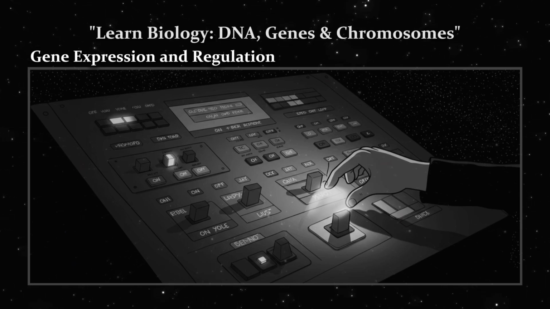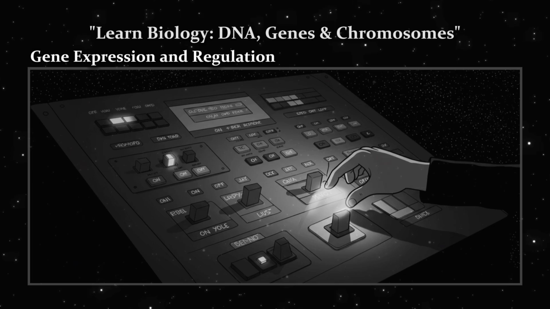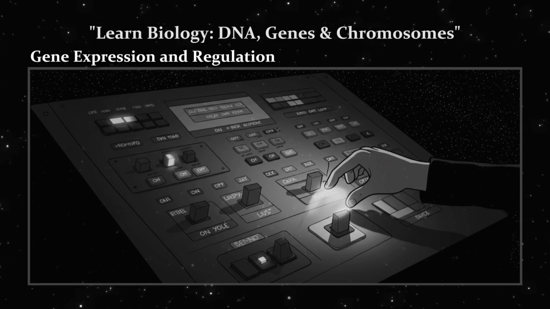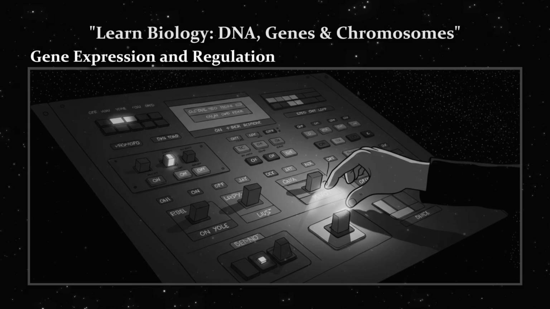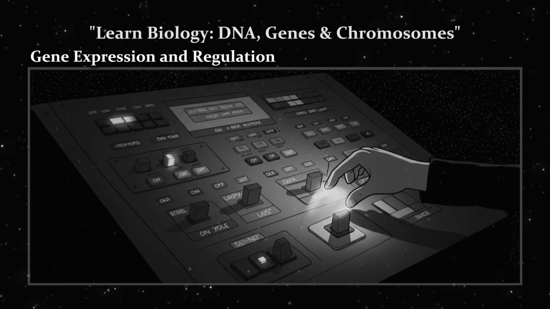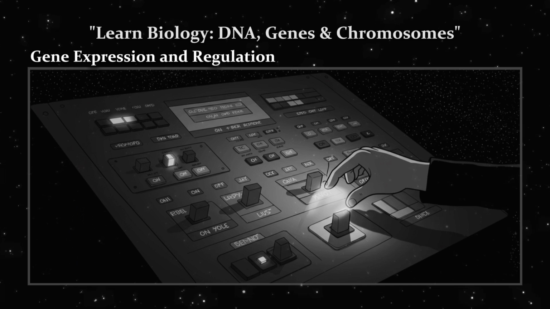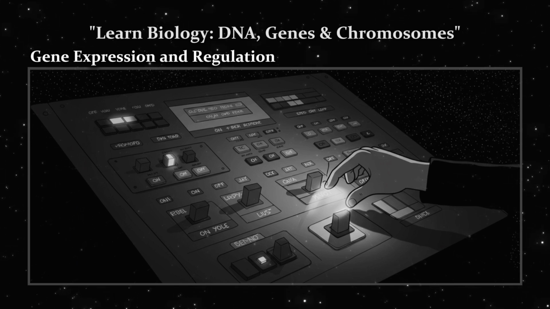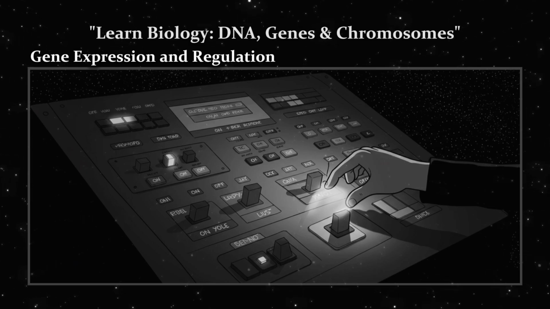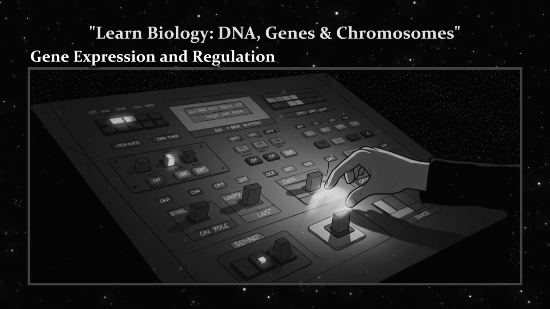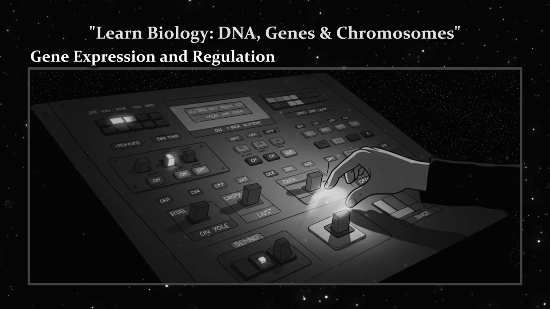A skin cell, therefore, is a skin cell not because it lacks the genes for a neuron, but because it is actively expressing the genes for skin proteins like keratin, while actively silencing or repressing the genes for neural proteins like neurotransmitters. A brain cell does the exact opposite. This differential gene expression is the root of all cellular identity.